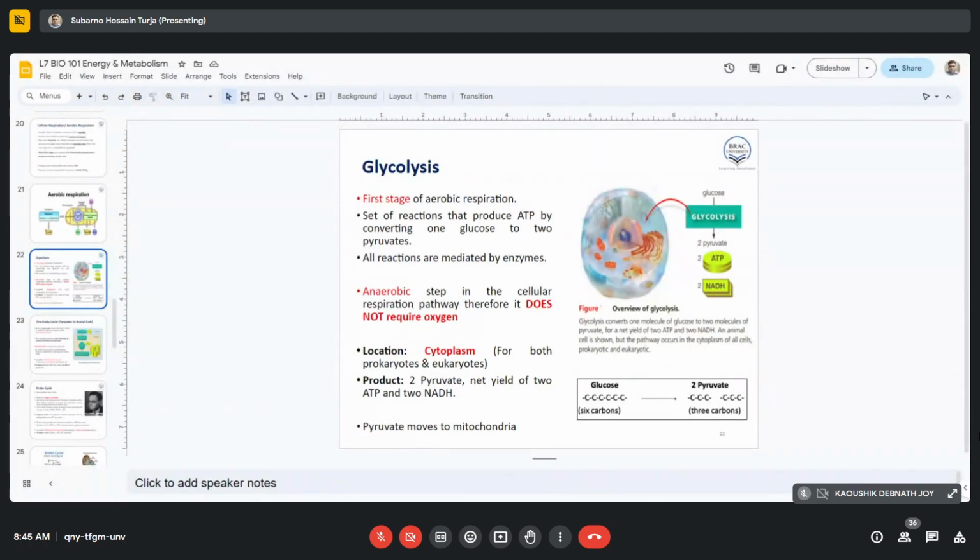But for all of respiration, pyruvate is an intermediate product because we're going to break down pyruvate further in the next step. Also note that it's not just two pyruvates that are released from glycolysis. As a product, you're also getting two molecules of ATP and two molecules of NADH.